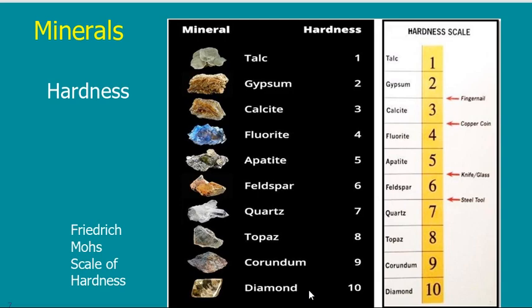So we know, even as normal people, that diamond is the hardest material. If you have a diamond ring, you can scratch anything with it. Nothing can scratch the diamond itself. So 10 is for diamond. 1 is for talc. Talc is a very soft material or soft rock.